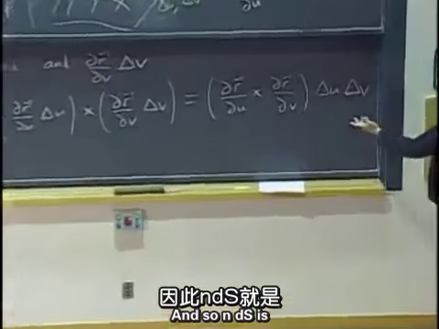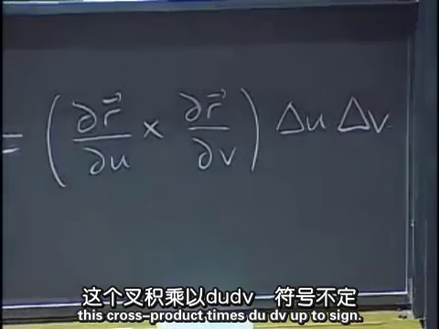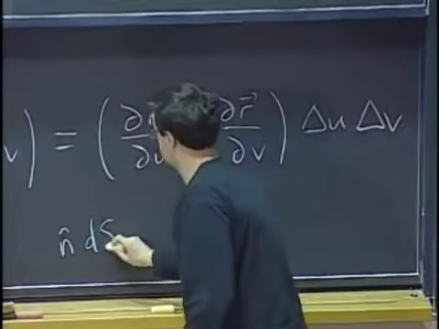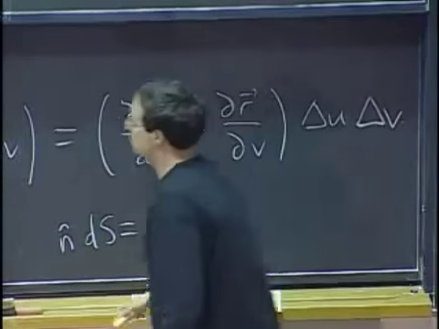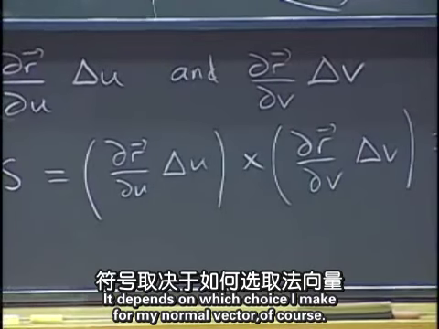And so n dS is this cross product times du dv, up to sign. I mean, also here. Depends on which choice I make for my normal vector, of course.